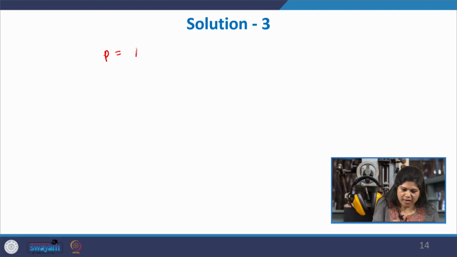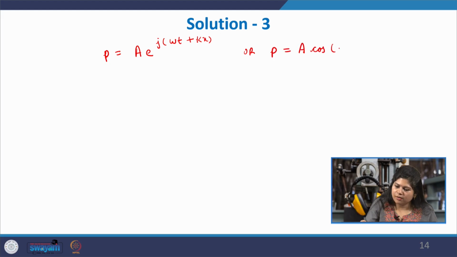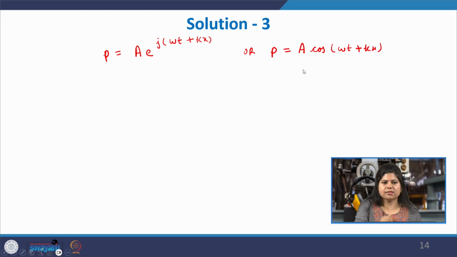So, it would be A e to the power j omega t plus k x. Now, before we solve it, I would like to point out that we can take a solution like this, or we can take a solution like A cos of omega t plus kx, because this is the real solution and this is the exponential solution. If you continue and solve it using either of them, you will get a different answer.